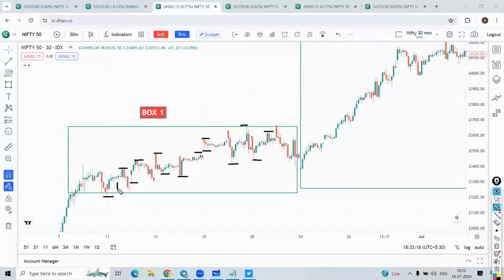This is trading session 1, 2, 3, 4, 5, 6, 7.